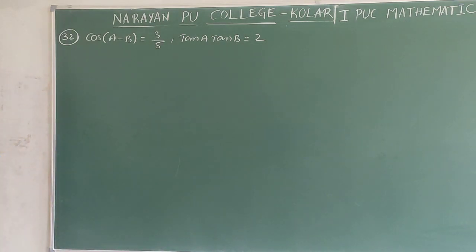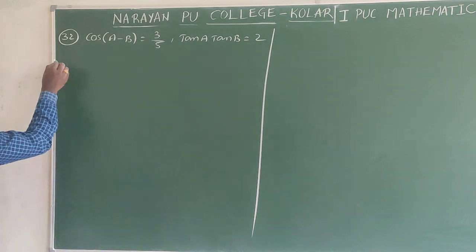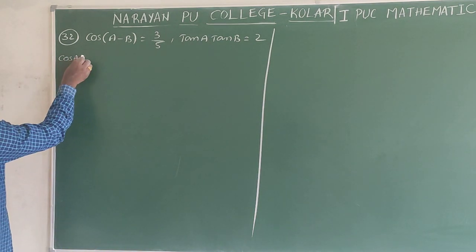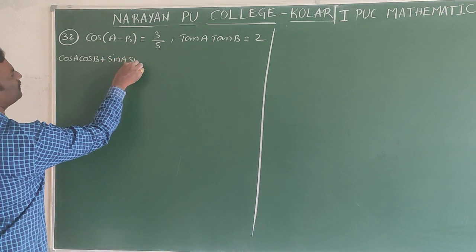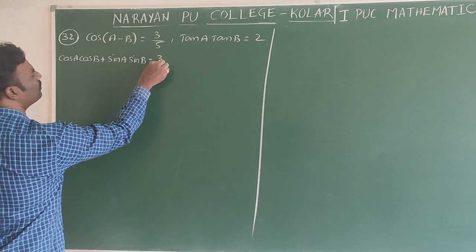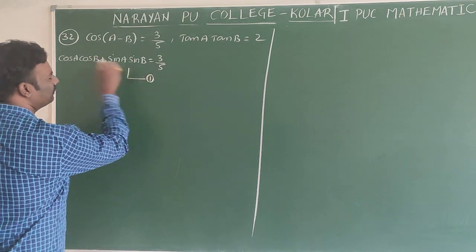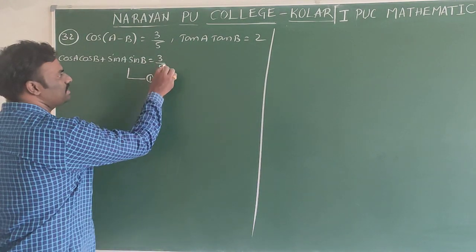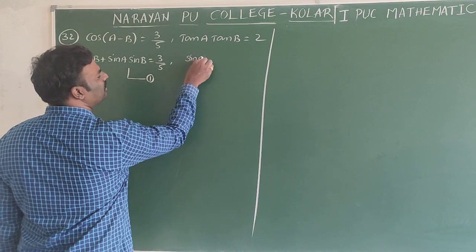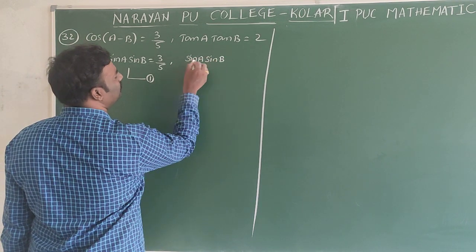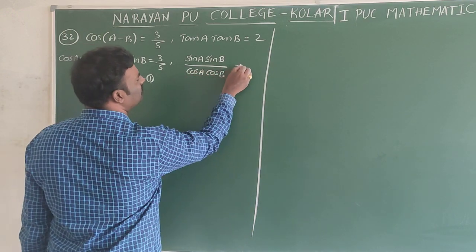See, this cos of a minus b I can write as cos a cos b plus sin a sin b is equal to 3 by 5. It should be equation 1. I will simplify this. Tan a tan b can be written as sin a sin b by cos a cos b, that equals 2.